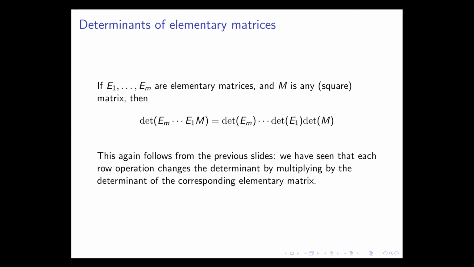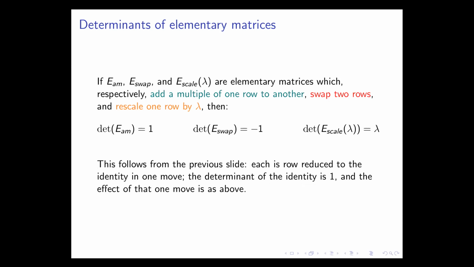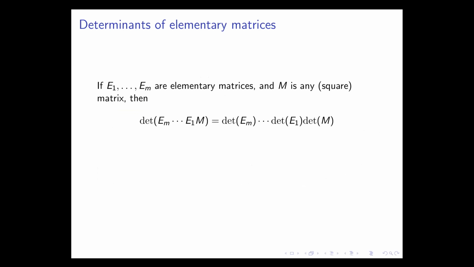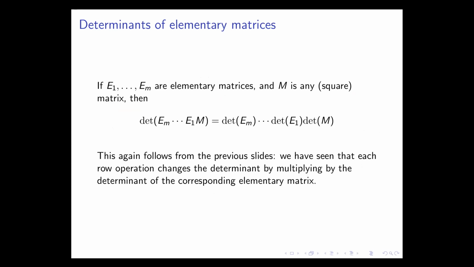These are the matrices that provide us with the row reduction transformations: we swap rows, multiply them by a constant, add multiples of other rows. Therefore every time we do that, the determinant is equal to 1 or minus 1, or is equal to lambda, where lambda is the scale. That's how we get the formula for the determinant of the product.